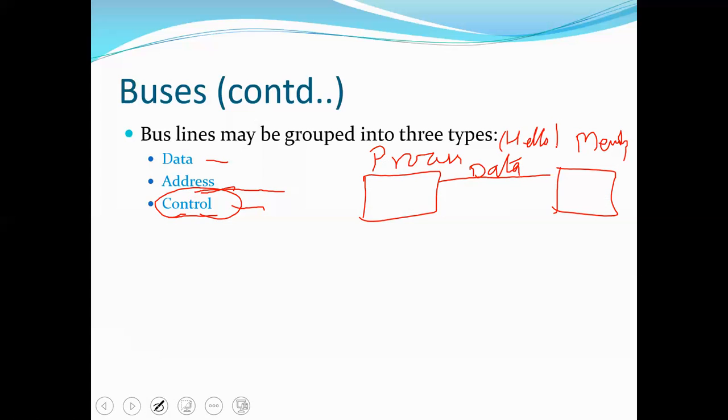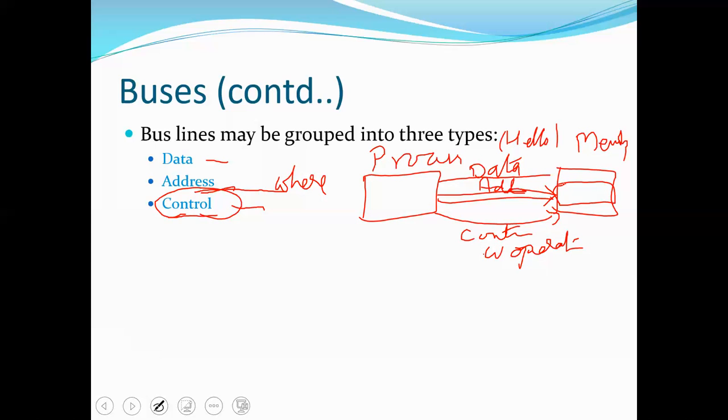And at which location the data has to be stored, that address is passed through the address bus. And the data has to be written, isn't it? That is passed through the control signal. Control signal has write operation, so that the data will be written to the location which is mentioned.